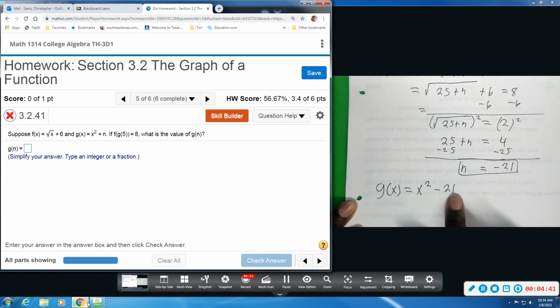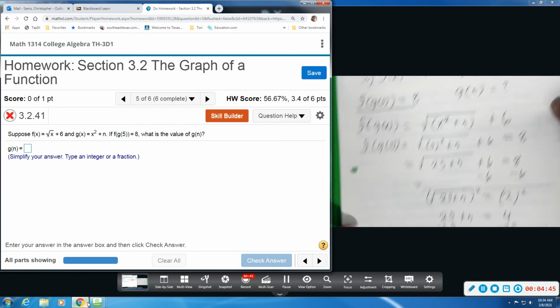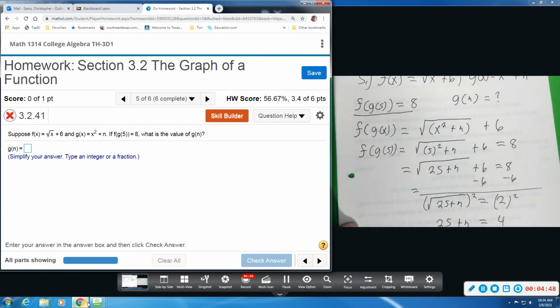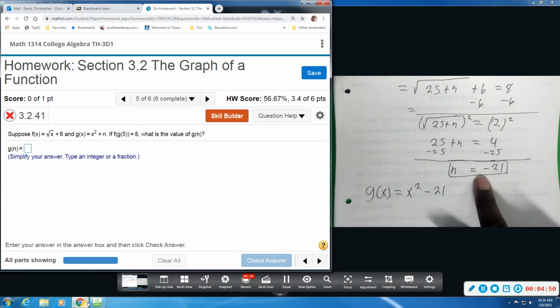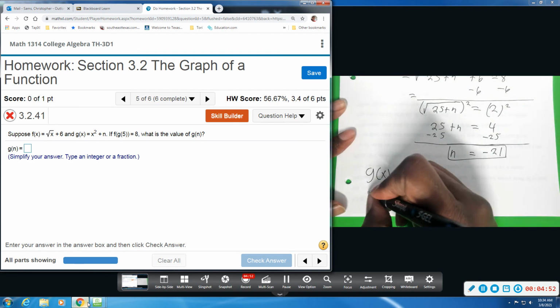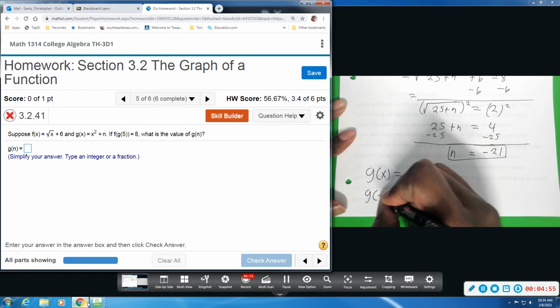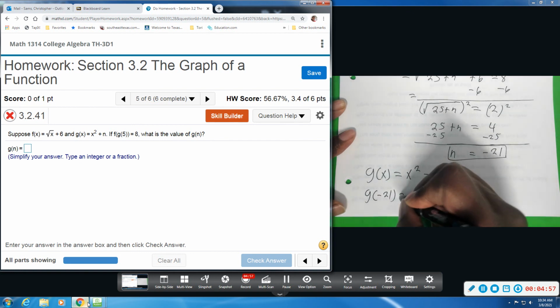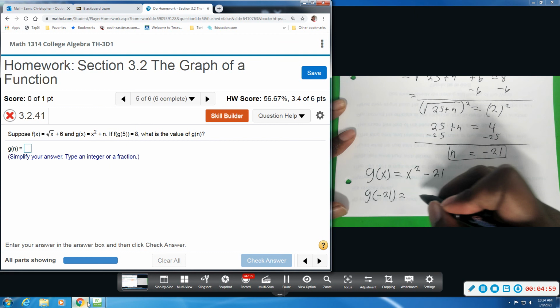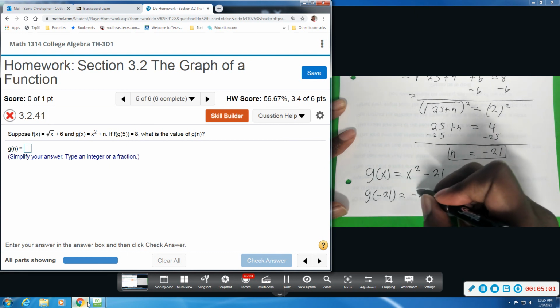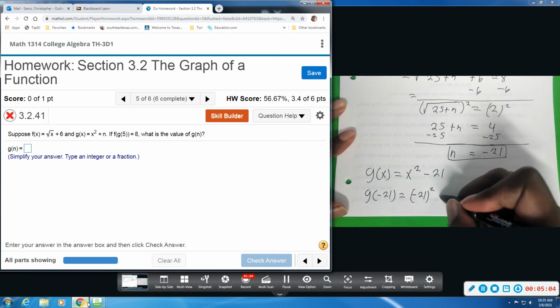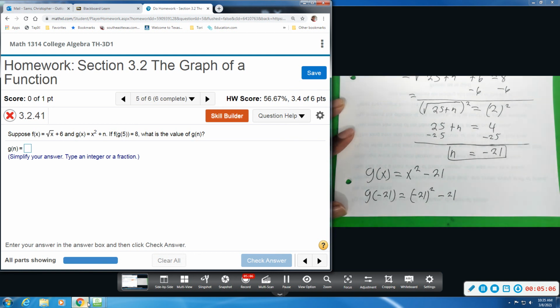So that's this equation, and now we're going to find g of n, okay, g of n, and n was down here. We found out it was negative 21. All right, so g of n, which is g of negative 21, equals, we're going to plug in a negative 21 for x, square that, and then subtract 21. So we're going to square 21, that gives us 441.